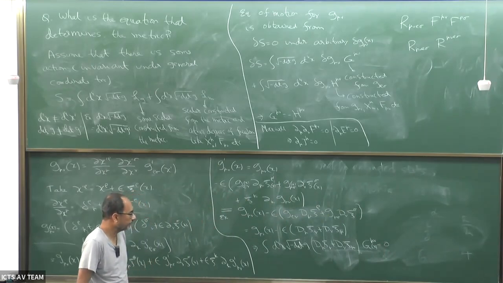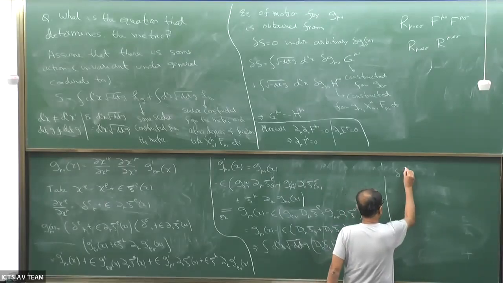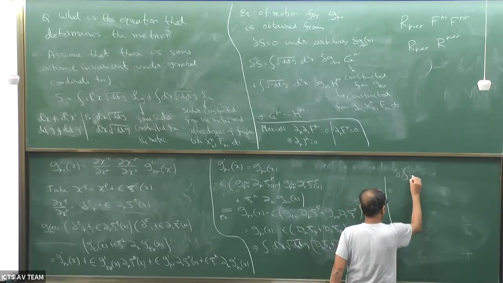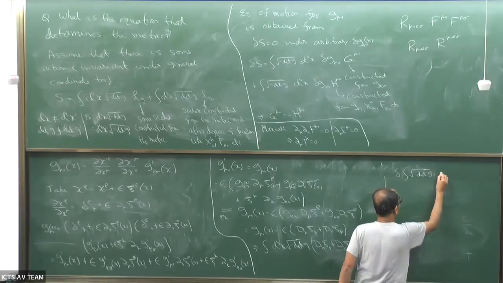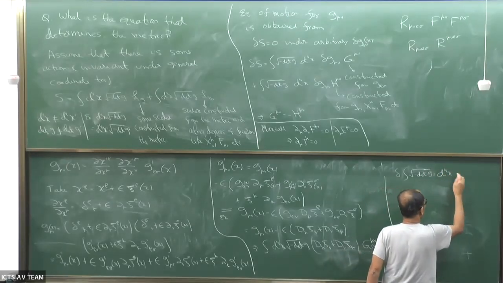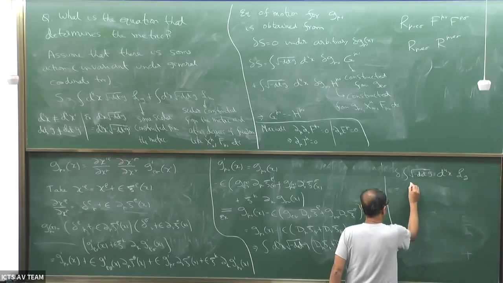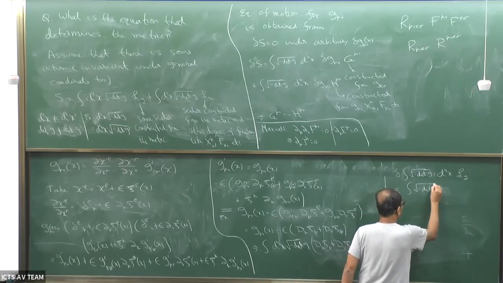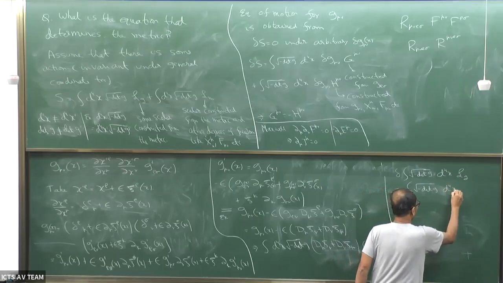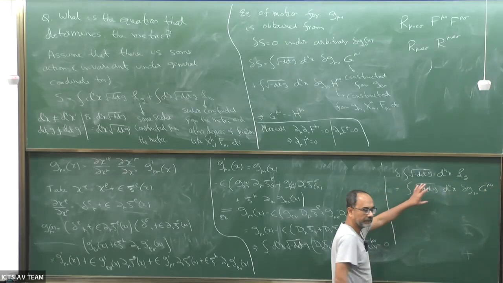Okay, let me again explain the logic. So what we said is delta of integral... here there is no general coordinate invariance involved.